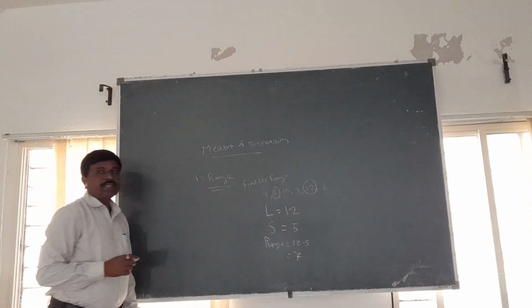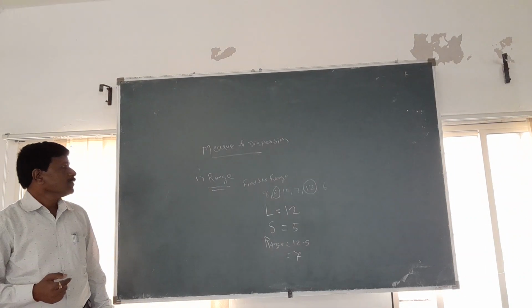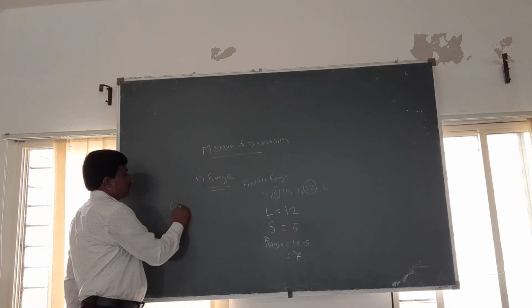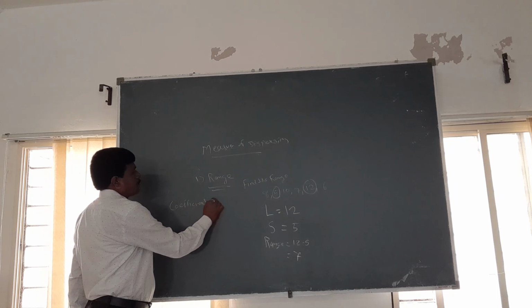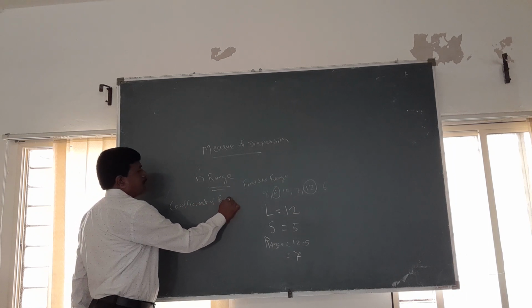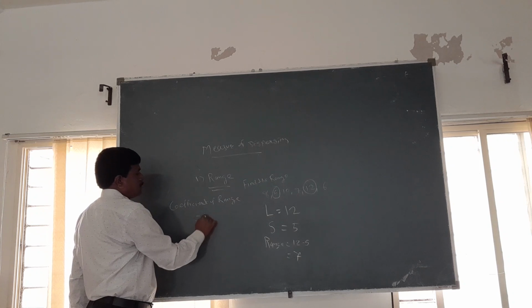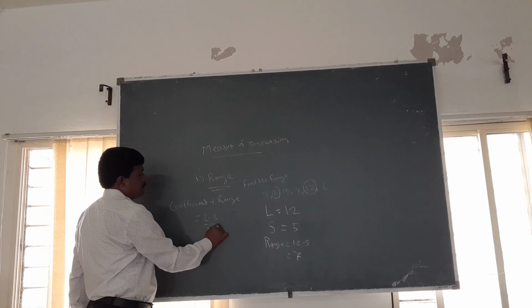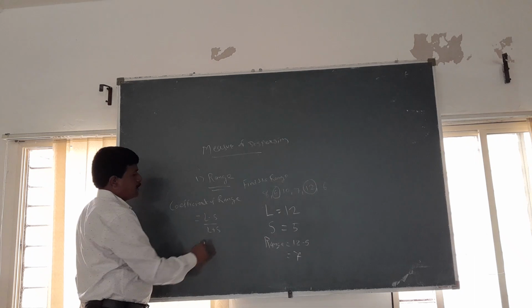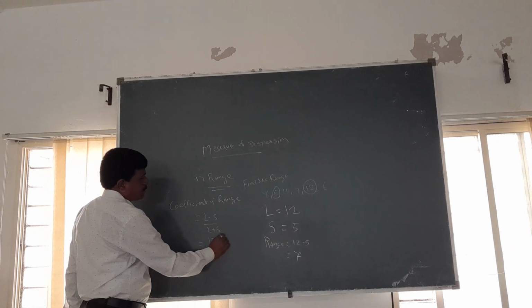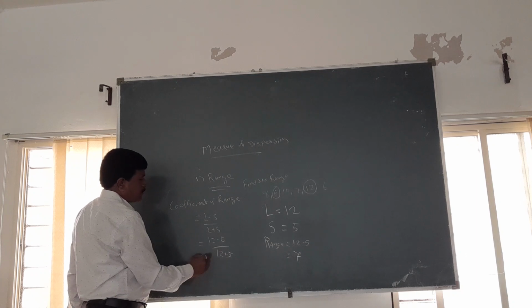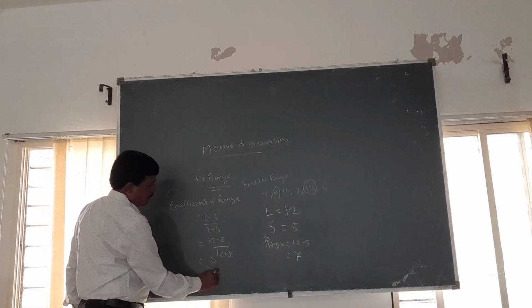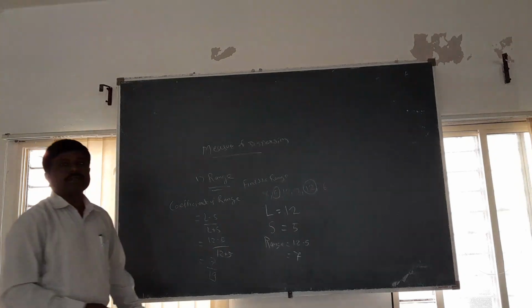And the relative measure of range, the coefficient of range, is L minus S divided by L plus S, that is 12 minus 5 divided by 12 plus 5, that is 7 by 17.